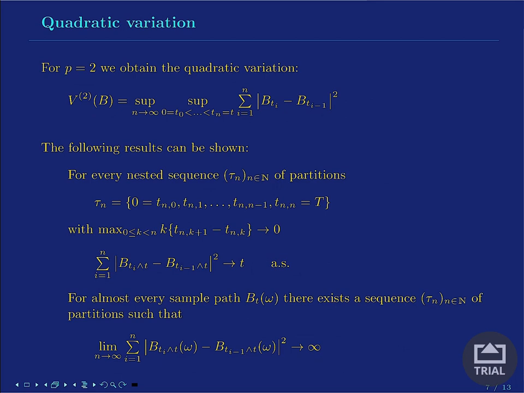So in that sense, such a sequence would be the worst-case scenario, where the quadratic length of the increments actually tends to infinity. And that is true for almost every sample path.